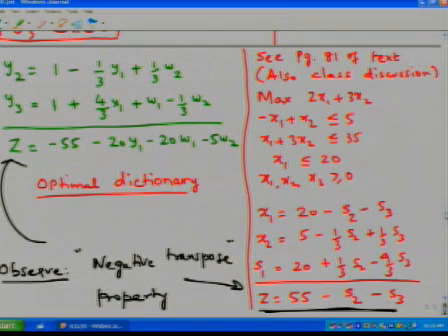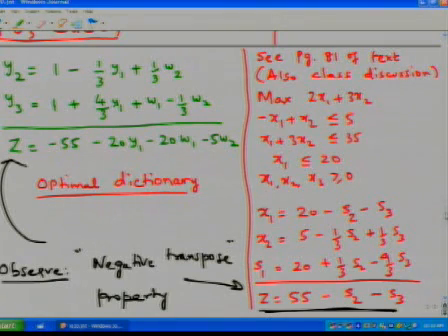This is the x1 column. So x1's coefficients in the 3 rows are -1, 1, and 1. Right? Because x1 appears with a negative sign in the first constraint, a +1 coefficient in the second, and a +1 coefficient in the third. Similarly, x2. So let me write this down. This is x1, x2, s1, s2, s3.